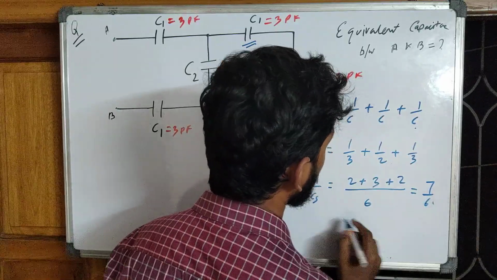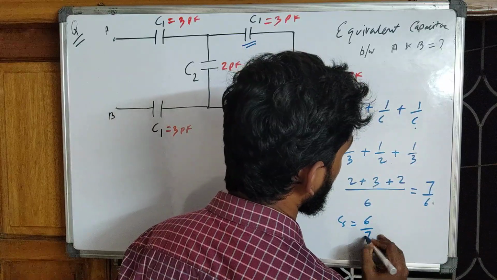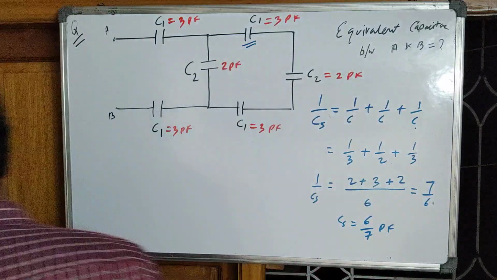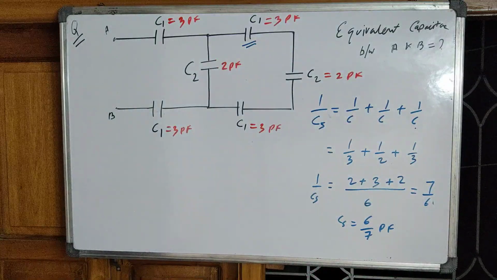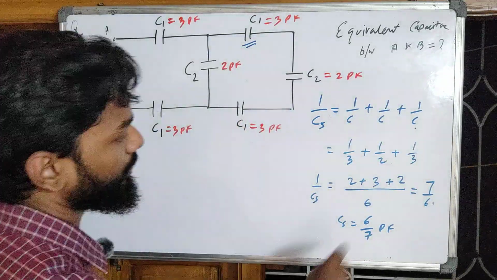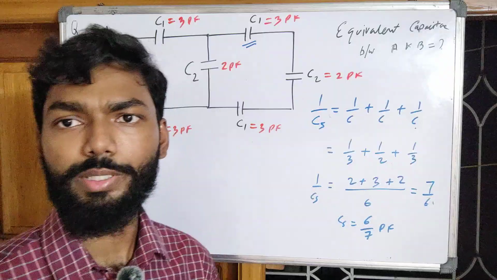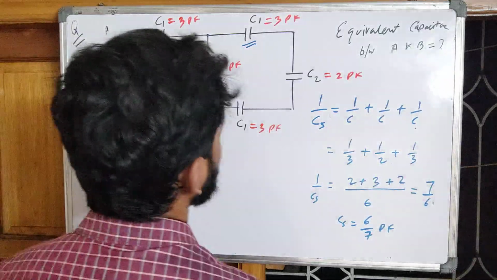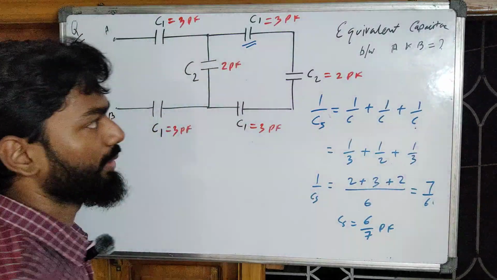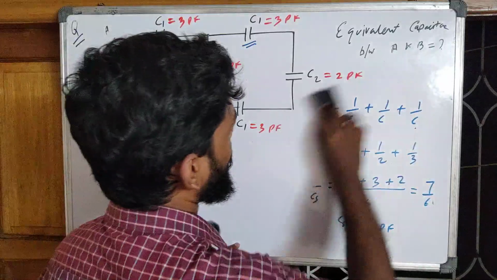Rather, Cs equals 6 by 7 picofarad. So this whole network has this amount of equivalent capacitance, 6 by 7. I'm erasing the whole thing.